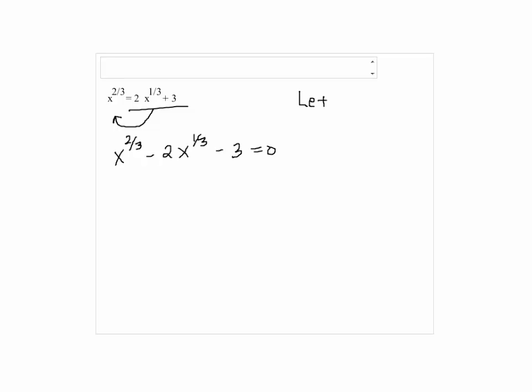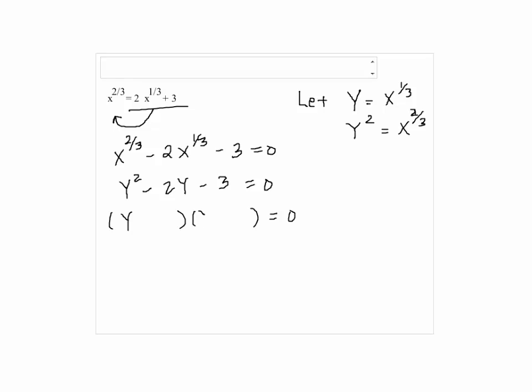Now we're going to let y equal x to the 1/3, so that y squared is x to the 2/3. So we're going to rewrite the equation in terms of y. So we have y squared minus 2y minus 3 equals 0. So we can easily factor the left-hand side.